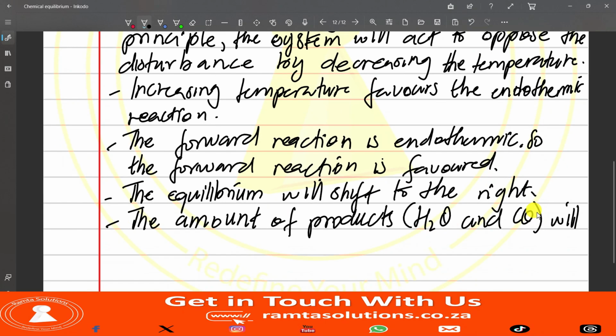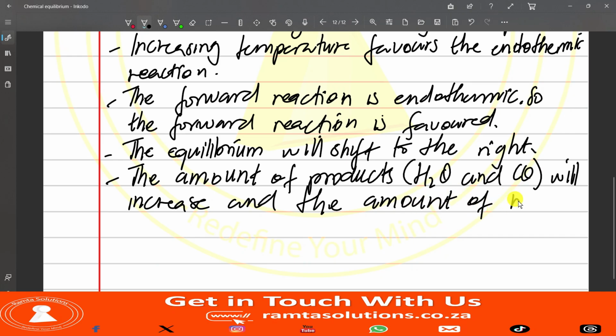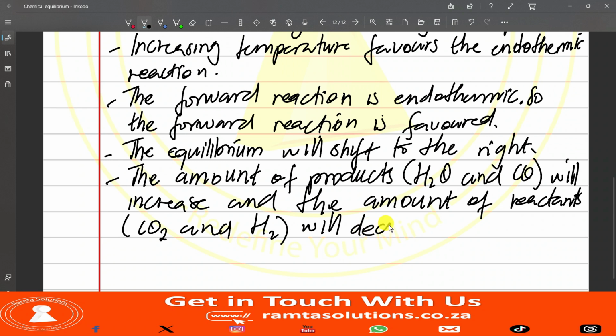Will increase, and the amount of reactants, what were the reactants here? The reactants were carbon dioxide and hydrogen gas, will decrease. Okay, the amount of reactants will decrease.